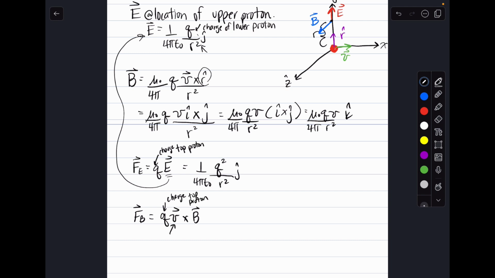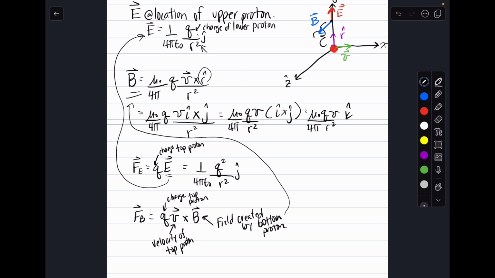This is the velocity of the top proton. And then this is the magnetic field that he's moving in. That's the field created by the bottom proton, which we found right here.